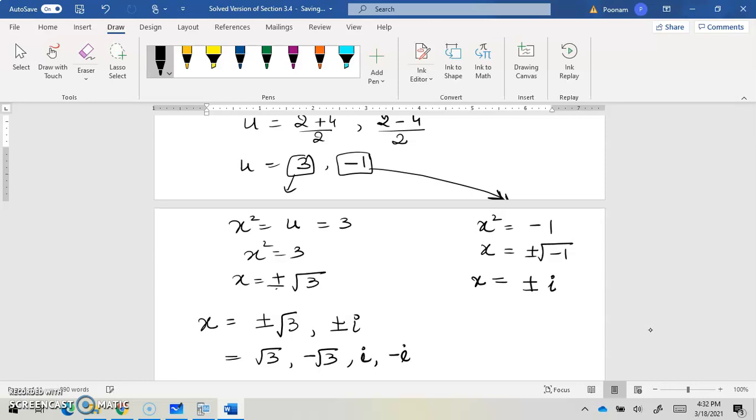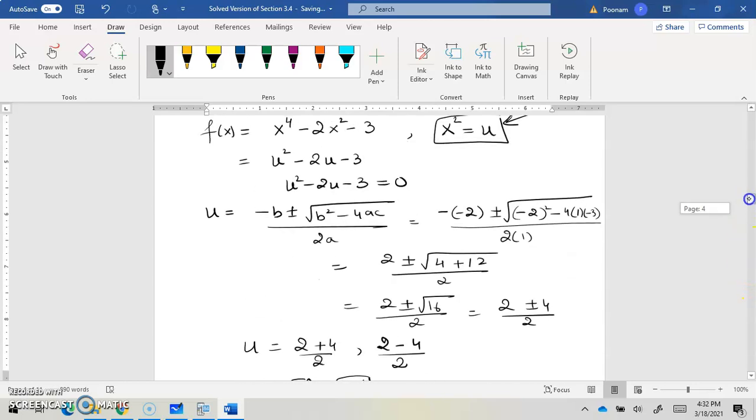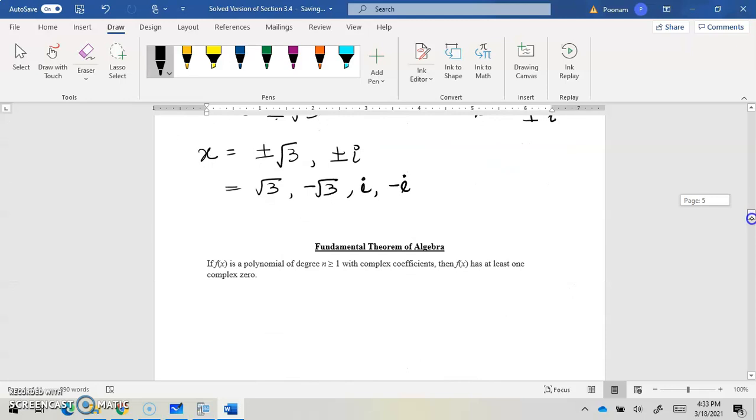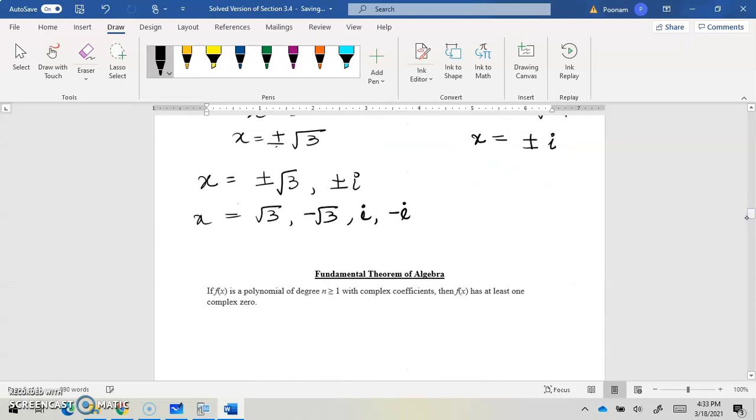As you see, none of these numbers is a rational number. That's why from our rational list, none of the numbers from the calculator was a zero of the function. Zeros of this function are root 3, negative root 3, iota and negative iota.